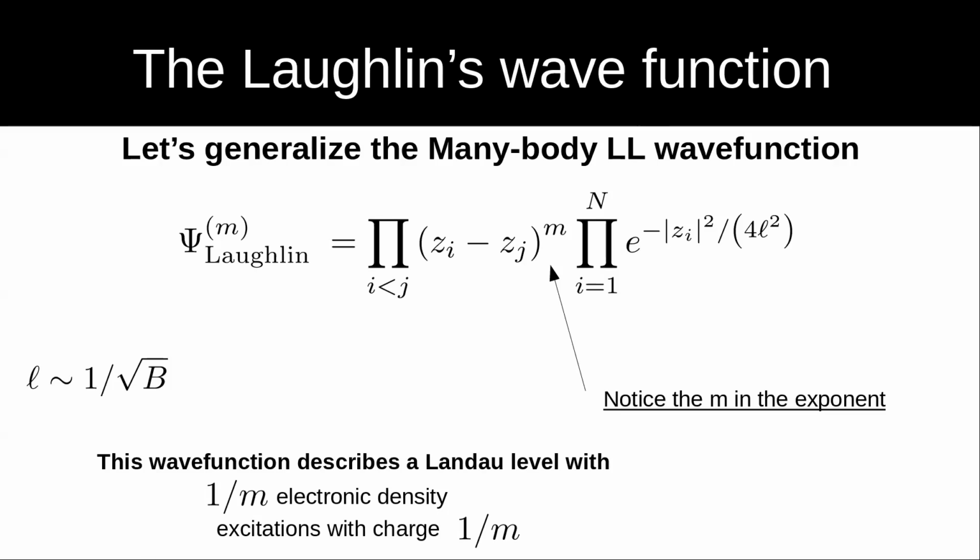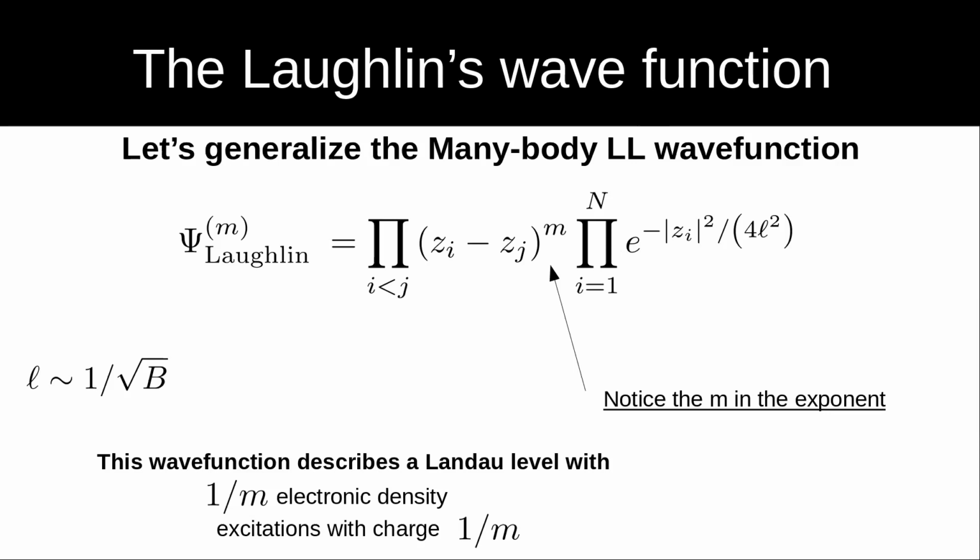If you compute the electronic density of this wave function, you effectively have 1 over m electronic density. So instead of having charge 1, you have a charge 1 over m. So you have fractional filling. And the most important property of this wave function, which we will see later on, is that if you think about excitations of this wave function, you get excitations that have a fractional charge, that have a charge 1 over m.